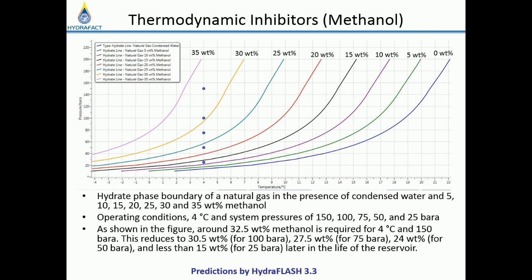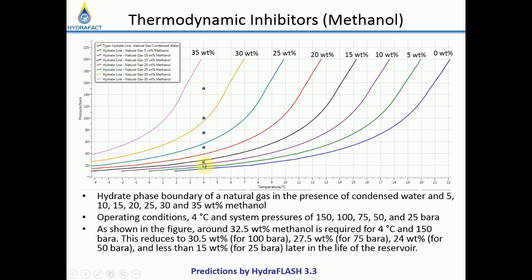And when the pressure drops to 25 bar, the amount of inhibitor required is around 15%. So you can see that during the life of the reservoir, the amount of inhibitor required is going to change.